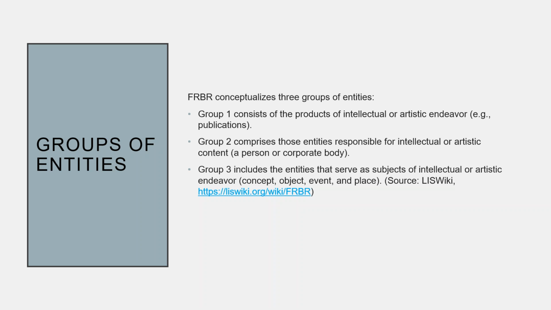And then group three includes the entities that serve as subjects of intellectual or artistic endeavor, such as concept, object, event, and place. And that is taken from the LIS wiki with the HTTP there for you if you want to look at that later. So this is what FRBR is all about, these three groups.